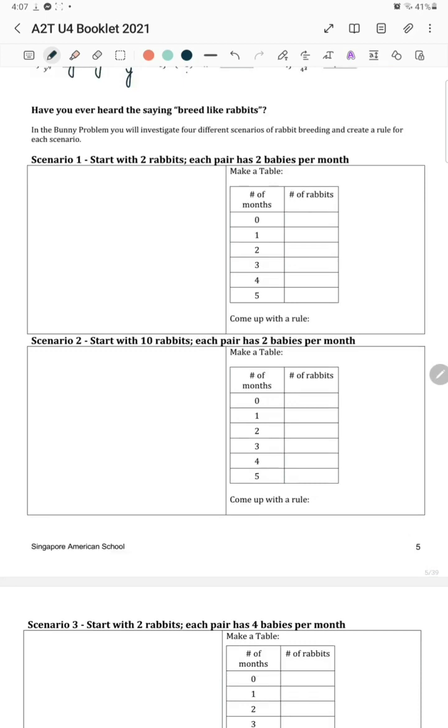So starting with 2, it would be 2, 4, and to come up with the rule, it would be 2 times 2 to the power m. So here it was 2 times 2 to the power 0, 2 times 1, which is 2.